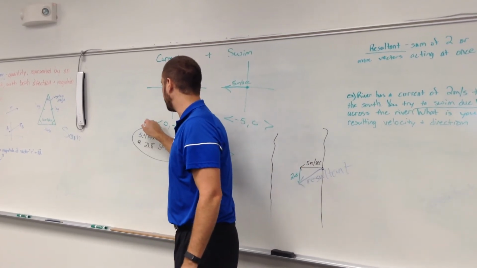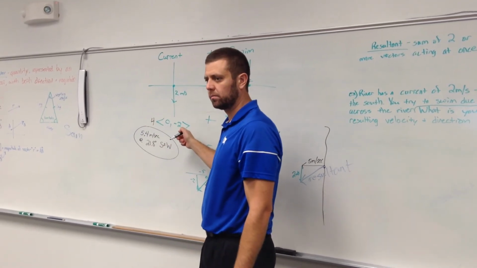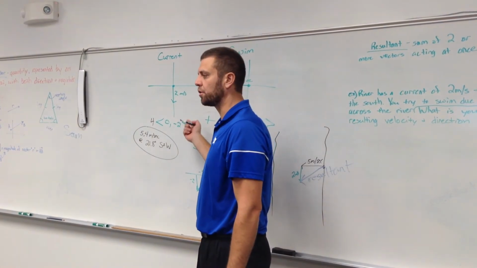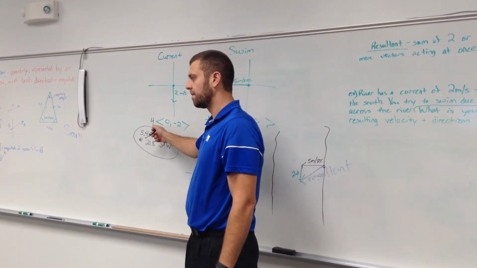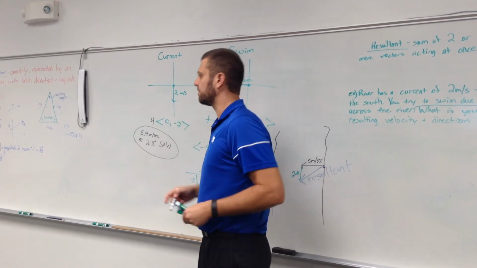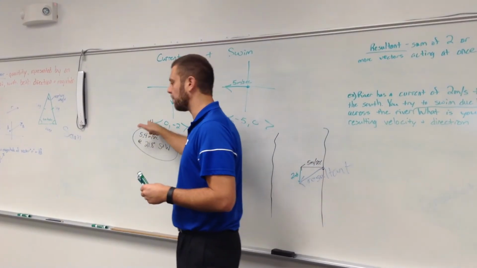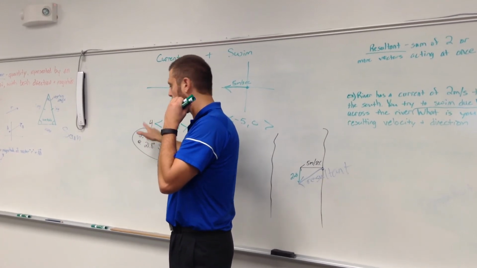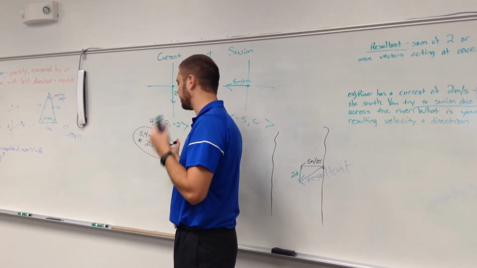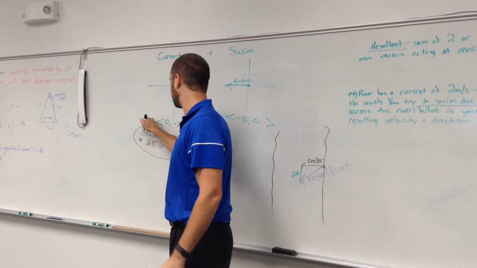That'd just be like multiplying this vector by 4. So what would our new current be? 0, -8. If it's 4 times longer, it's just like multiplying by a scalar. 4 times 0, 4 times -2. So my new vector would be 0, -8.